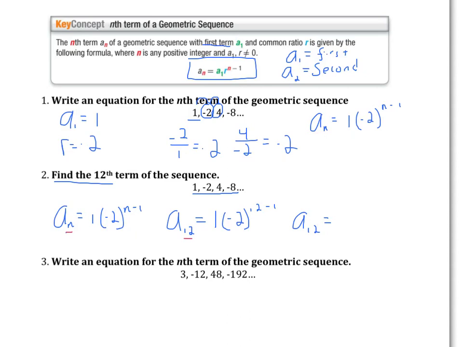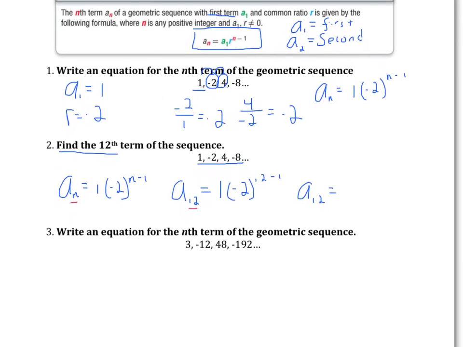So we have 1 times negative 2 to the 11th power, because 12 minus 1 is 11, and then we are going to only apply the exponent to what's in parentheses.